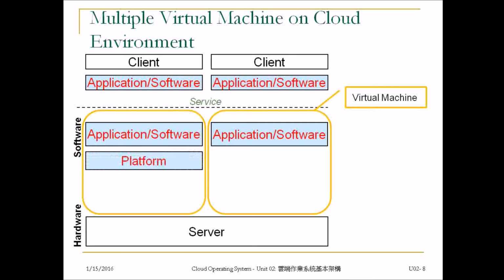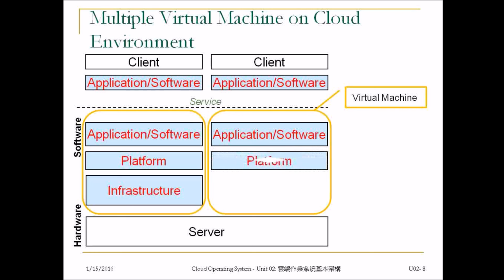Also, different client users can decide their own platform or their infrastructure. So based on the required computing resource, the client user can establish a virtual machine by the infrastructure as a service, IaaS.